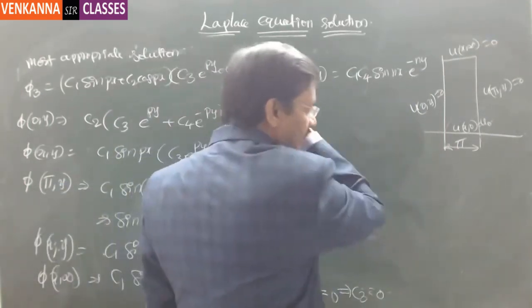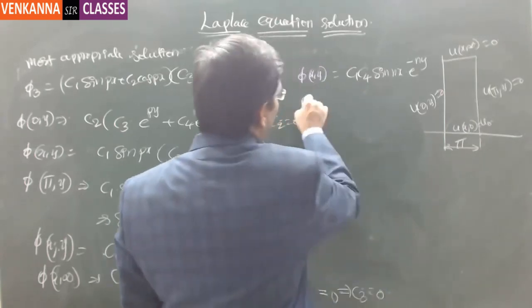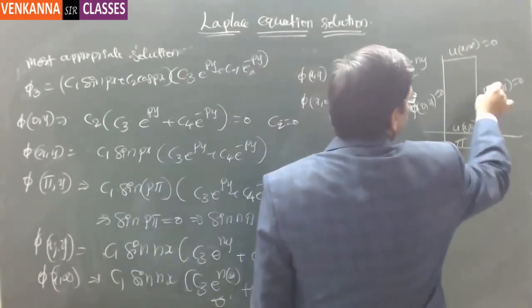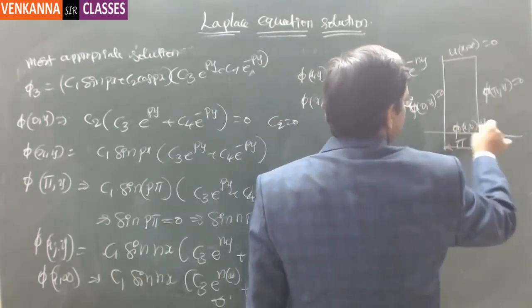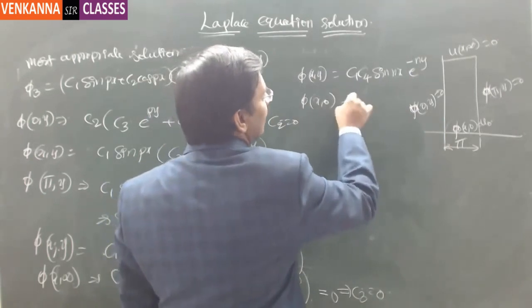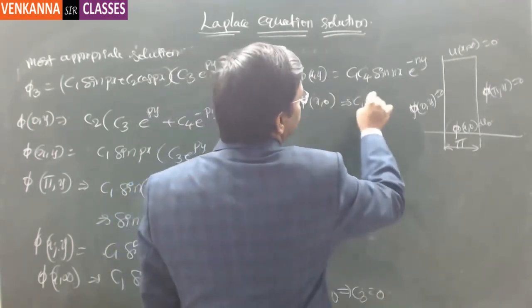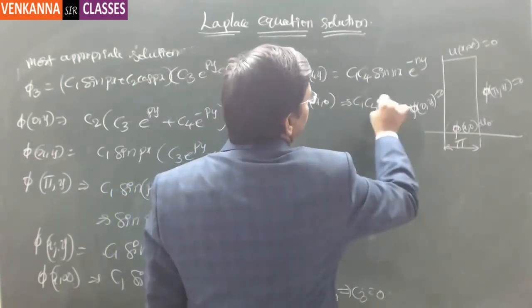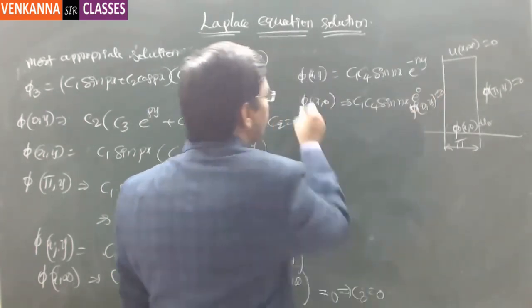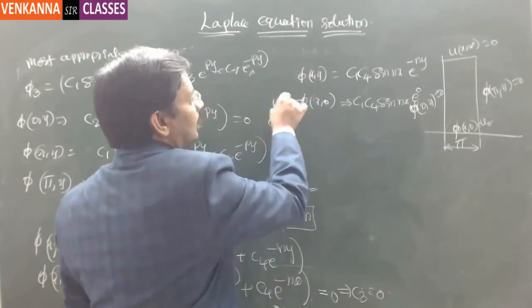So the last boundary condition, that is phi of x comma 0, is equal to u naught. Now phi of x comma 0. So this value is C1 C4 sin nx e power 0, and this is coming out to be u naught.